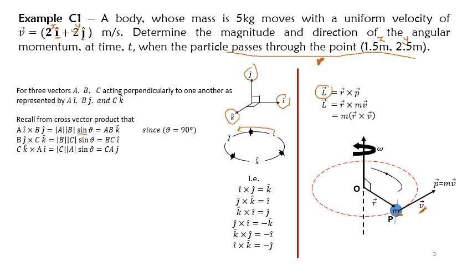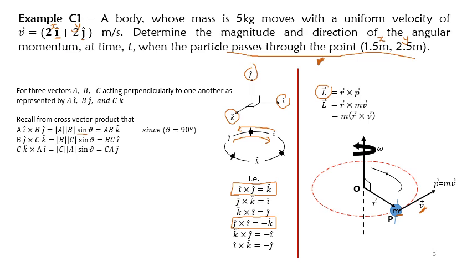But if you are going the other way, that is j cross i, look at it here, then you have a negative value of k.